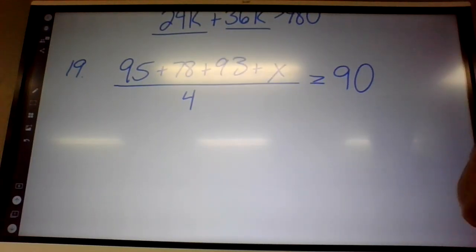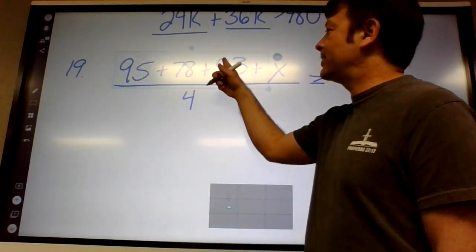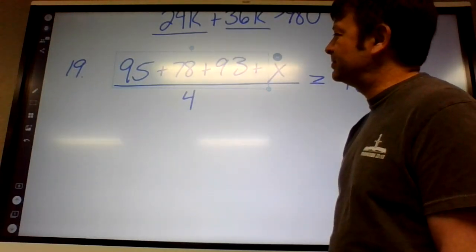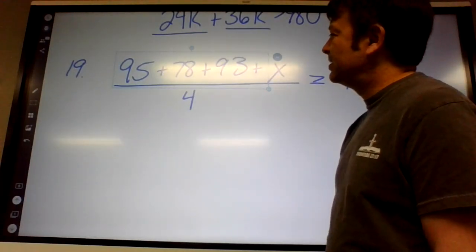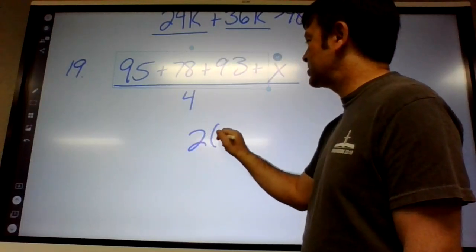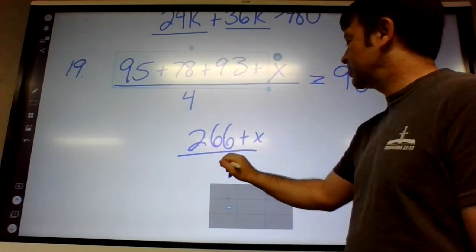Okay, now what can we do? Add them together. Yeah, these can simplify, right? 266 plus X divided by 4.